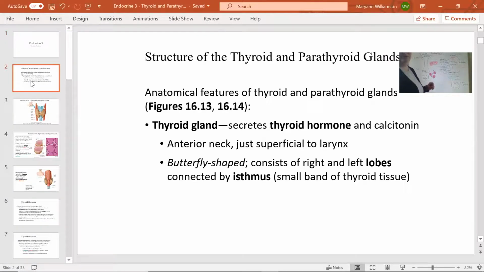All right. So anatomically, your thyroid gland is going to secrete thyroid hormone and also calcitonin, which we'll talk about toward the end.